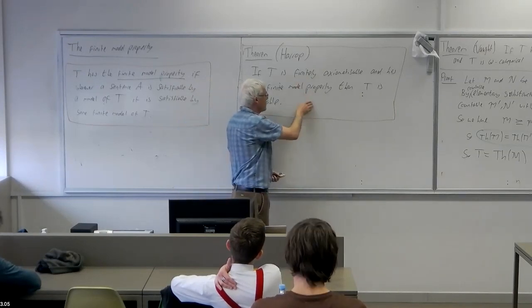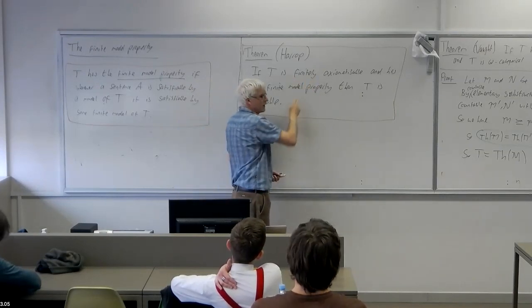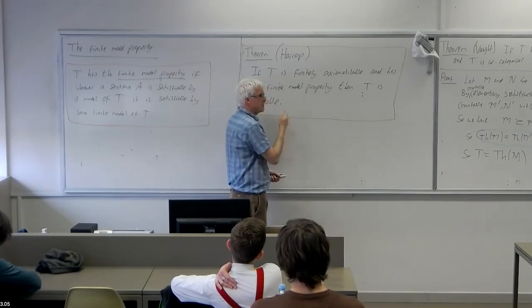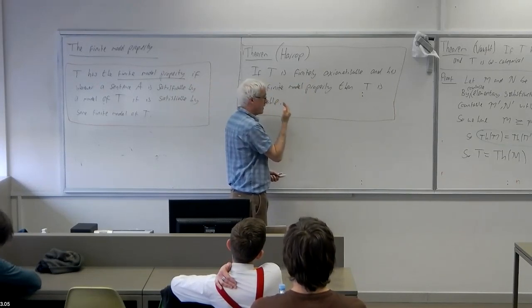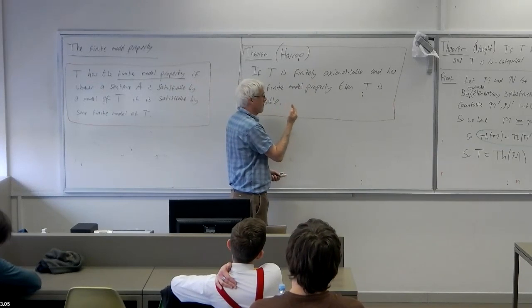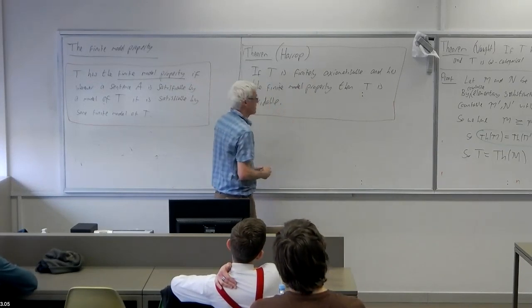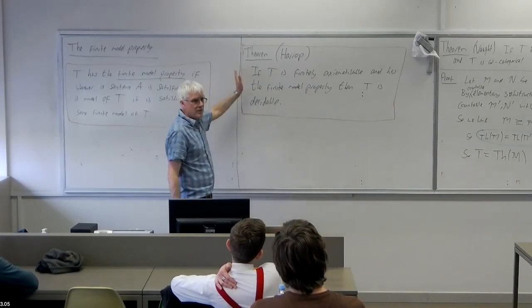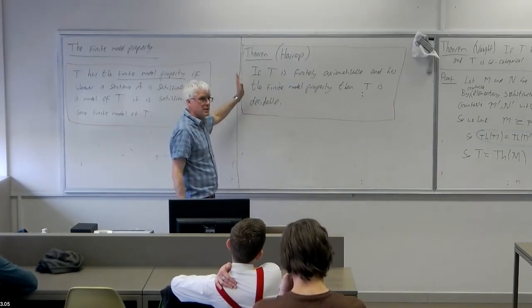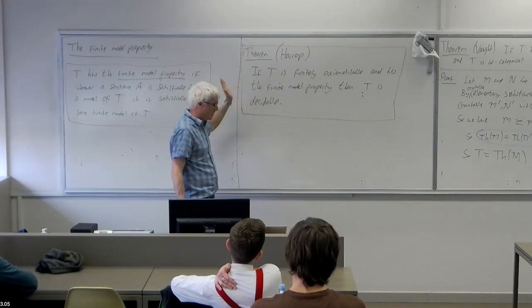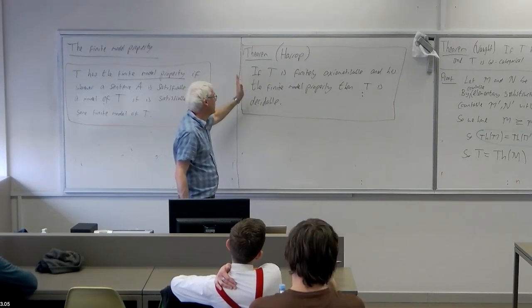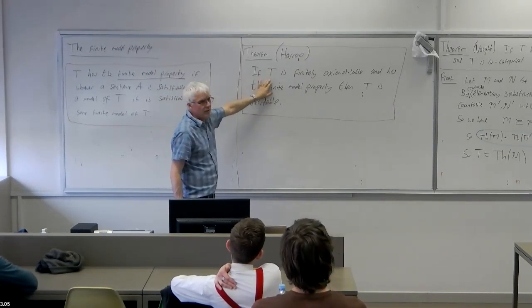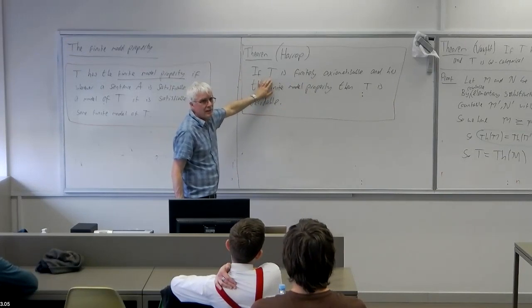Just very briefly, the proof of this: T is finitely axiomatizable, so T is computably enumerable, is semi-decidable by our result that said every computably axiomatizable theory is computably enumerable. So once again, we only need to show that the complement of T is semi-decidable.